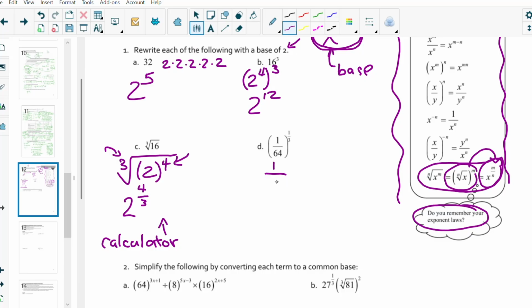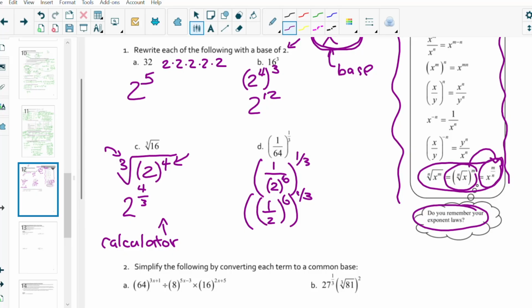1 over 64, so that's 1 over 2 to the 6th, all to the 1/3. Well, this one, I'm just going to put it all in one fraction there, because that's just a 1. It's not going to affect the value there.